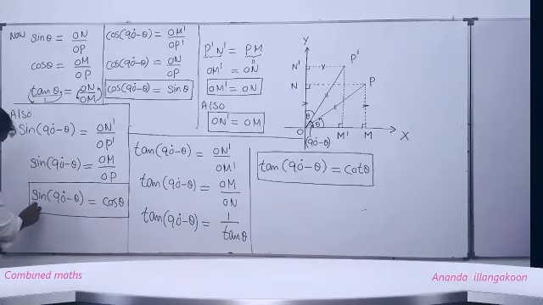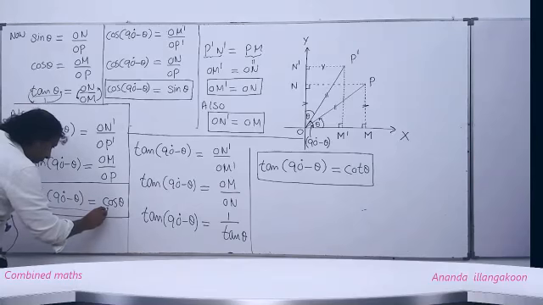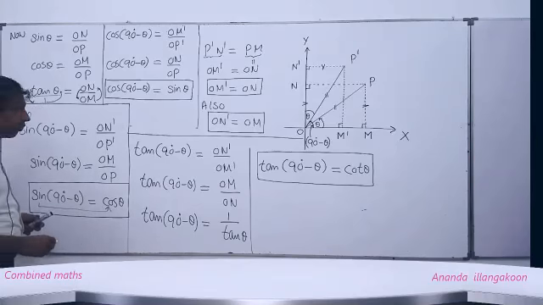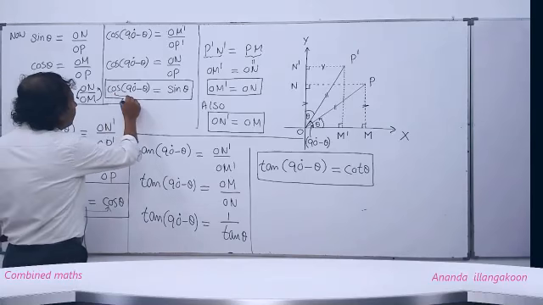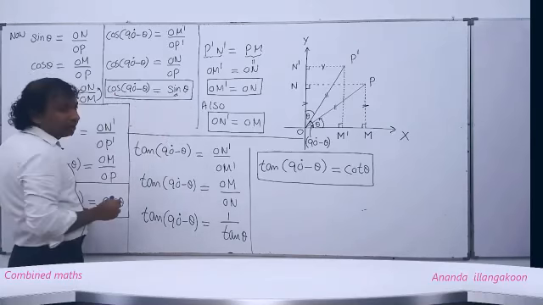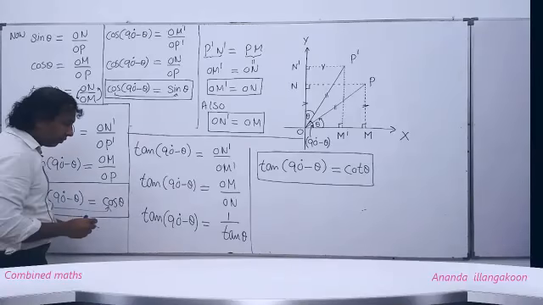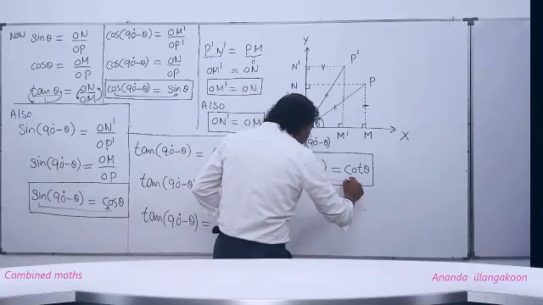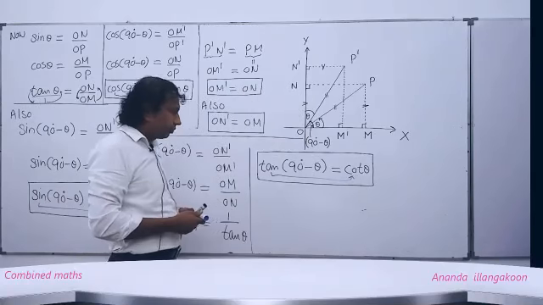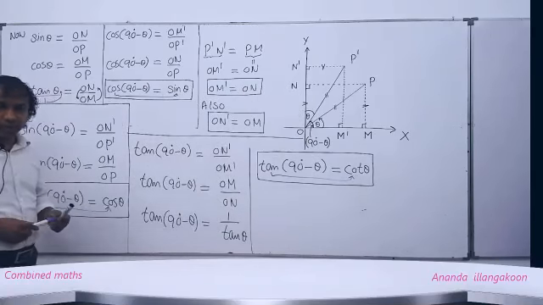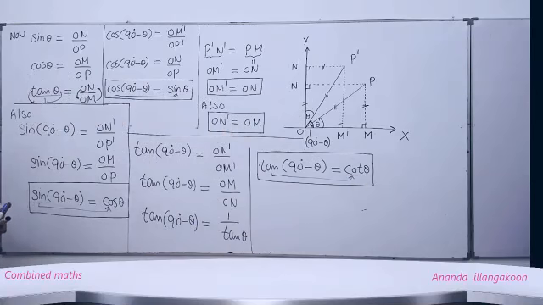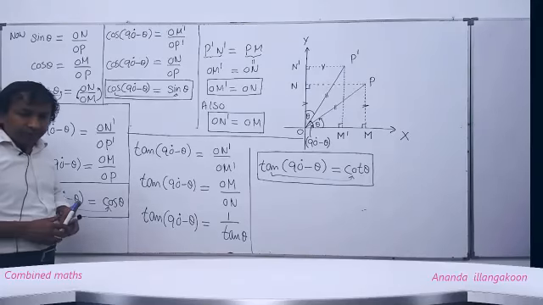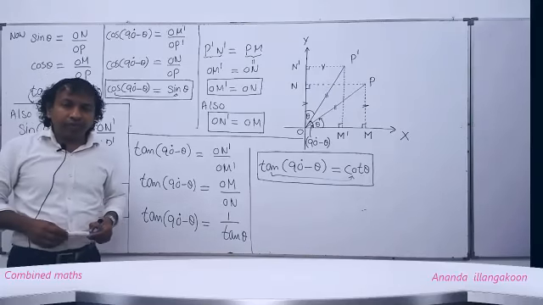Sine has changed to cos. Cos has turned to sine. And tan has turned to cot. Understood? I'll explain the way of keeping this in your memory.